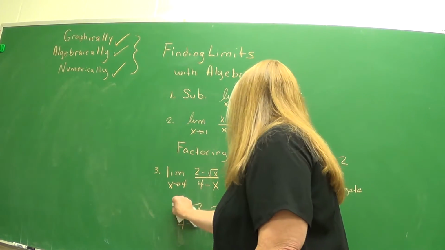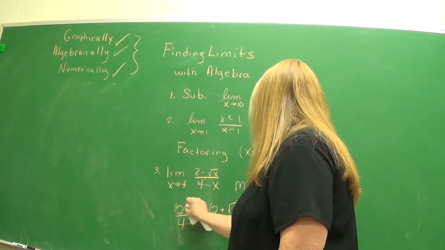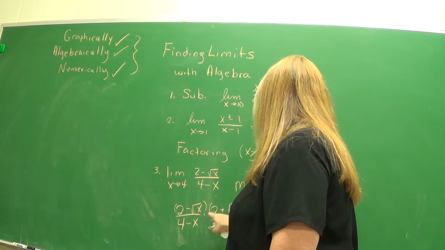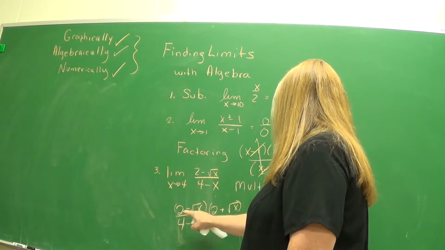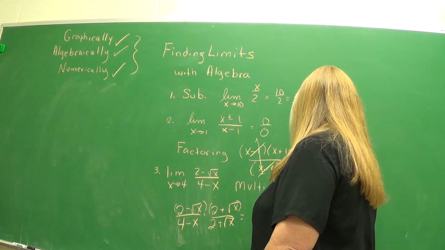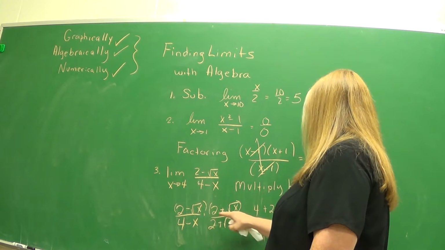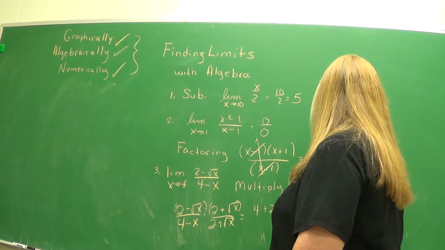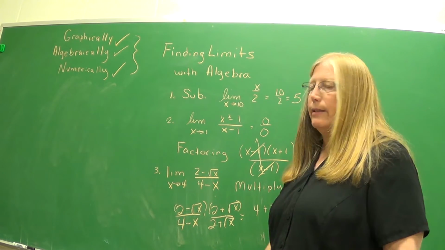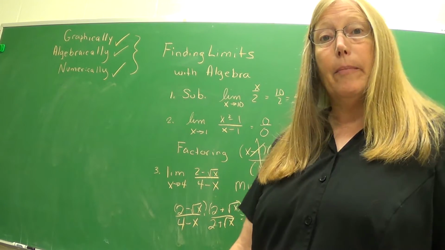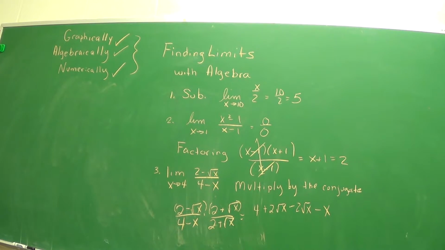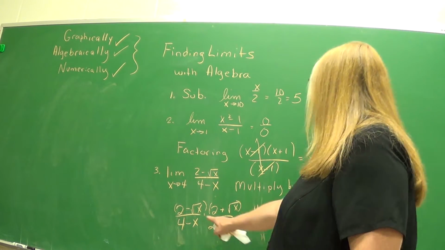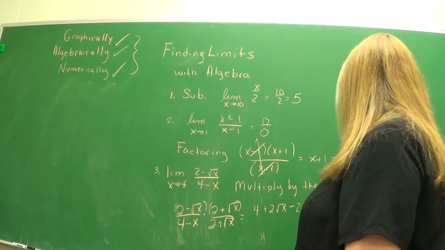We have a binomial times a binomial, so it's 4 steps. 2 times 2 is 4, 2 times the square root of x, minus 2 square roots of x, thus the magic, and the square root of x times the square root of x is plain x. And it takes on the negative sign because we have 1 negative and 1 positive.